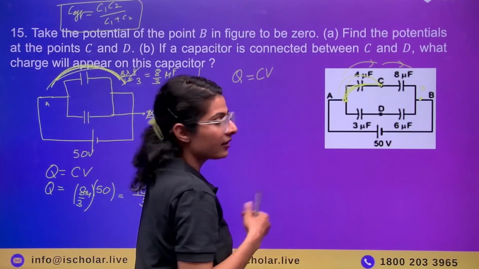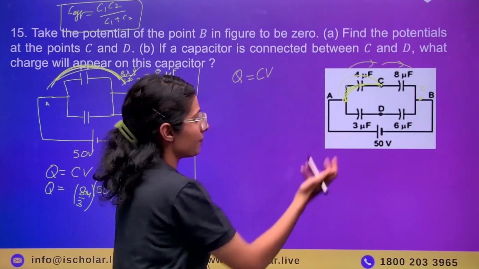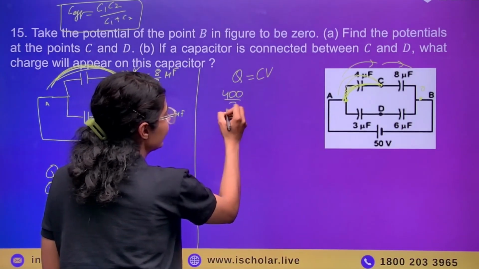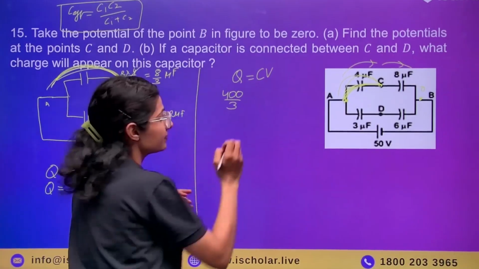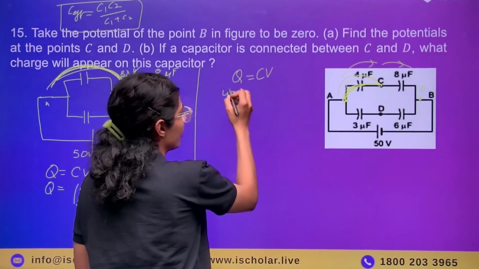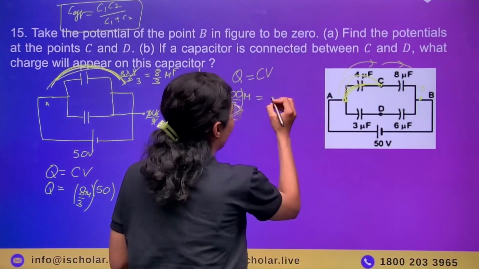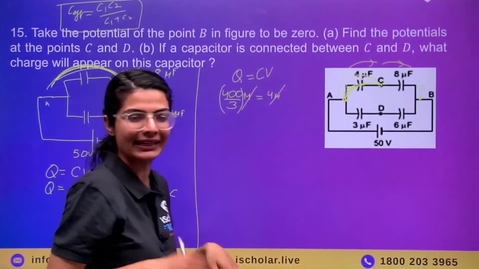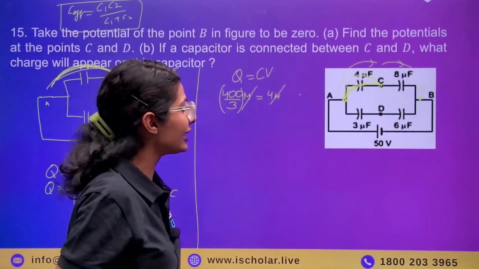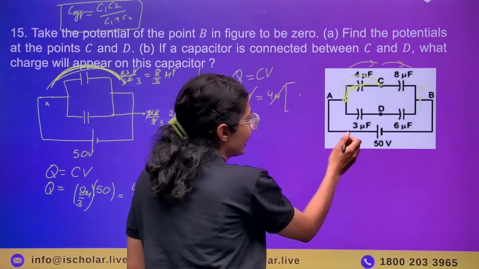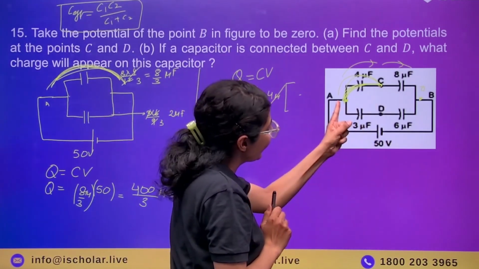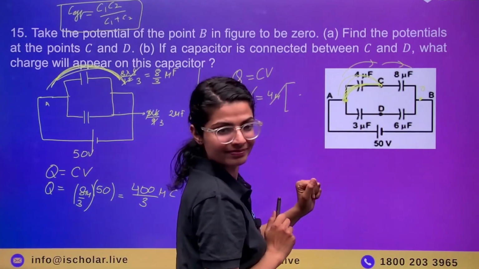It says that the charge flowing on them, which we just calculated, is 400 by 3 microcoulomb, equals the capacitance, which is 4 micro, times the potential difference. Obviously this micro gets cancelled. So the potential difference between these would be VA minus VC.